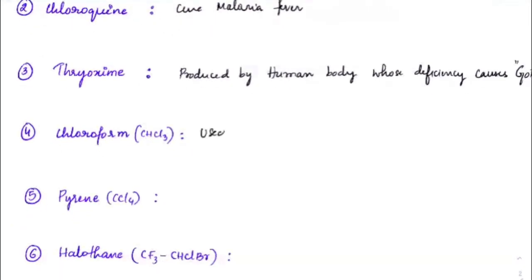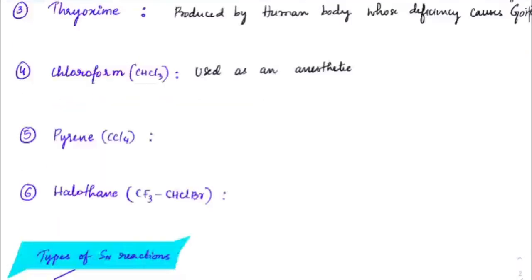Chloroform is usually used as an anesthetic for medical purposes. Pyrene, the common name for CCl4, is used in fire extinguishers.